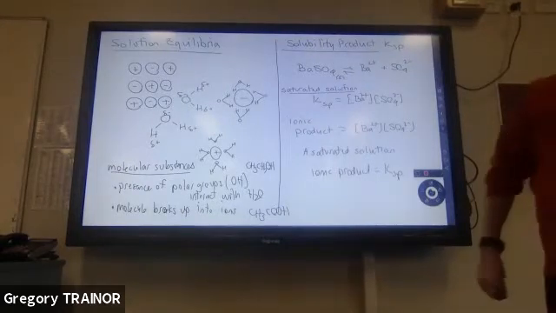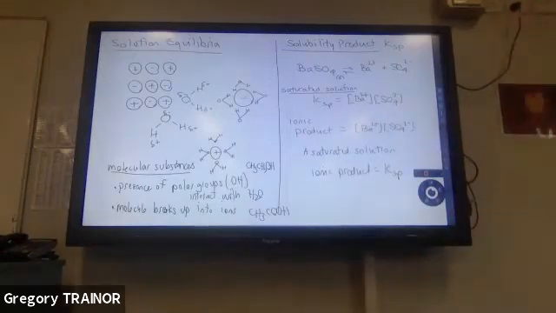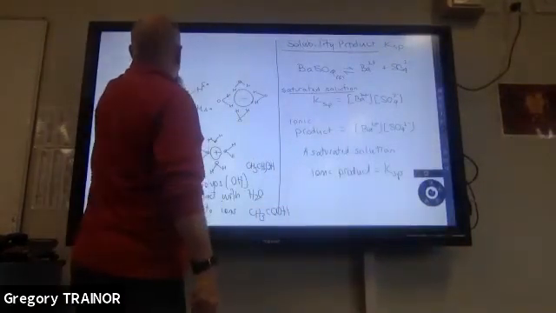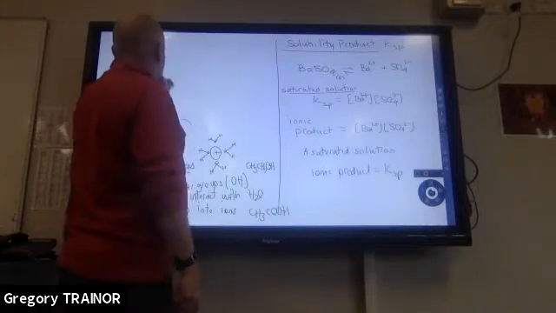So Ksp gives us the maximum amount of ions of this particular substance that can exist in the solution. So you can't get any more ions in the solution. And so when we reach that point, we say the solution is saturated.